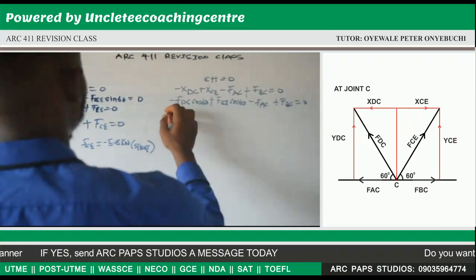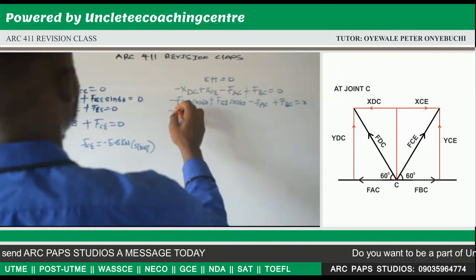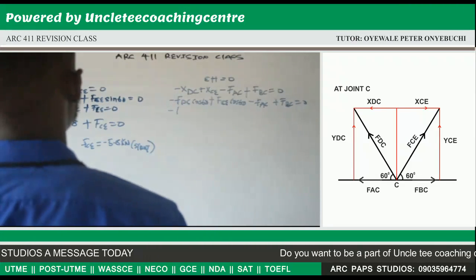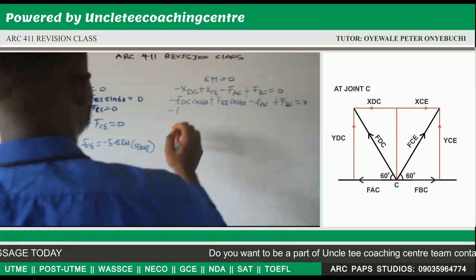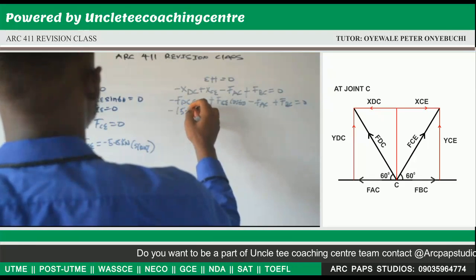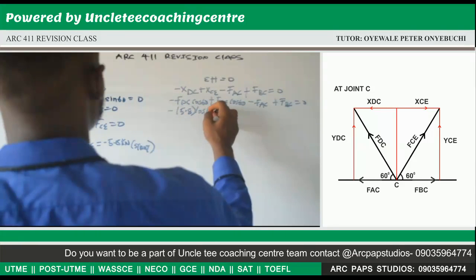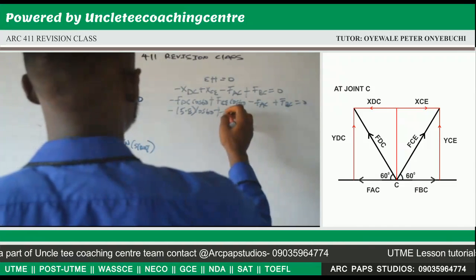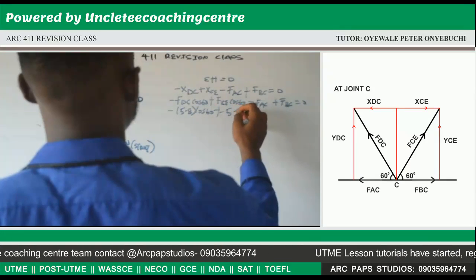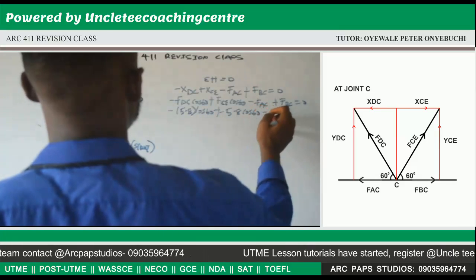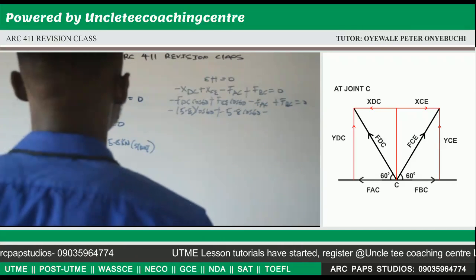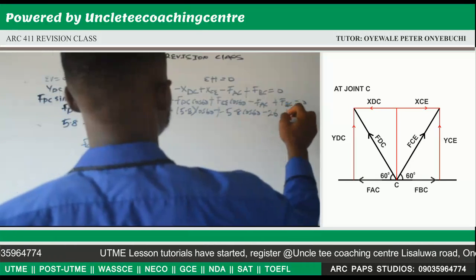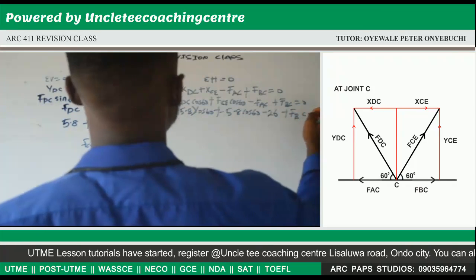Now this will give us minus, our FDC is 5.8, so that will be minus 5.8 cos 60 plus our FCE, which is minus 5.8 cos 60 minus our FAC, which is 26, plus FBC will give us 0.